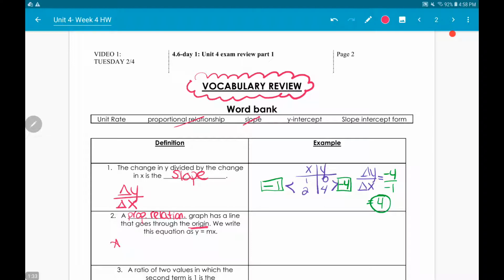All right, and this always has a y-intercept of 0. That's why there's no b value there. So if I were to draw this example, it would look something like this because it's going through the origin.